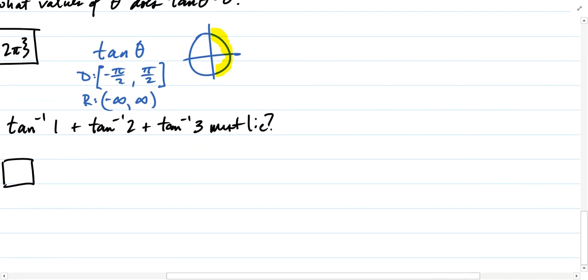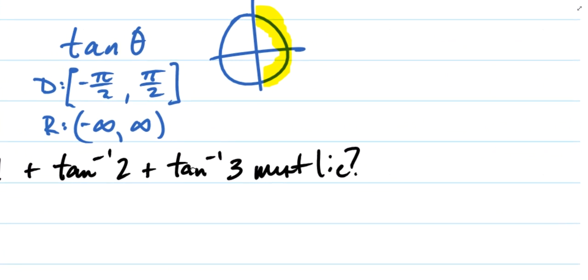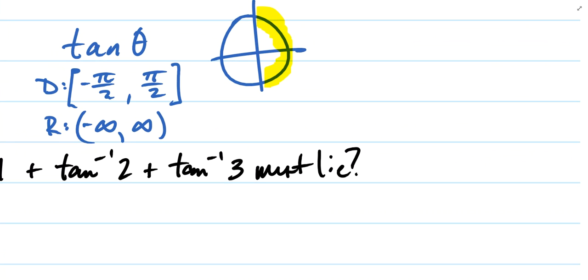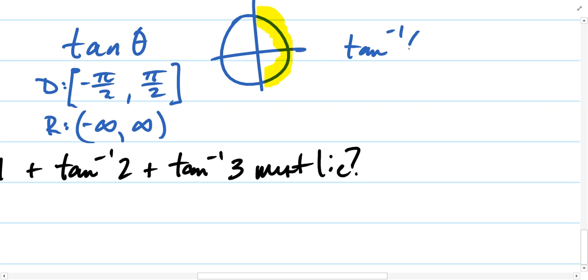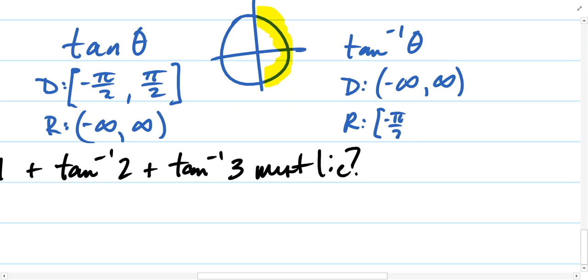And because of this trig function domain and range restriction, we would go on to say just the opposite about tangent inverse. With tangent inverse, our domain or our inputs can be any number from negative infinity to positive infinity, and our range or the results must be any number between negative pi over 2 and positive pi over 2.